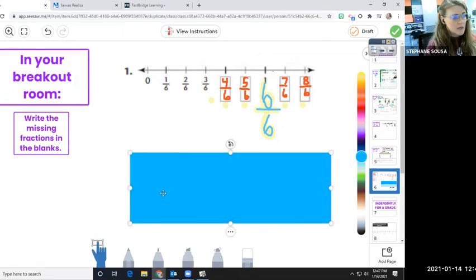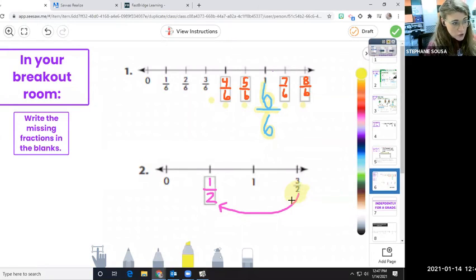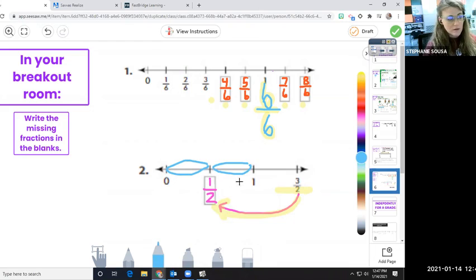Okay, here is your correct answers for number 2. Remember, the denominator tells you into how many parts. Look at the denominator right there. Boom, 2. It's a 2. So guess what your denominator has to be here? A 2. And that is because there are 2 pieces between 0 and 1.